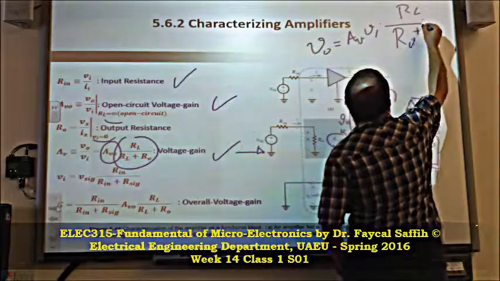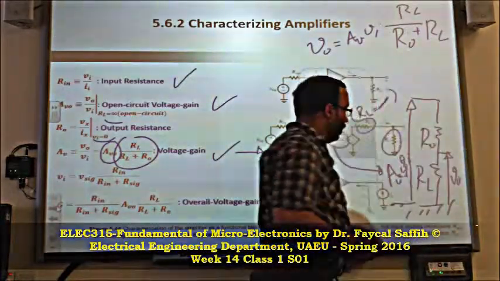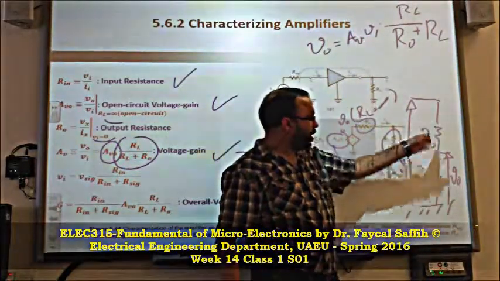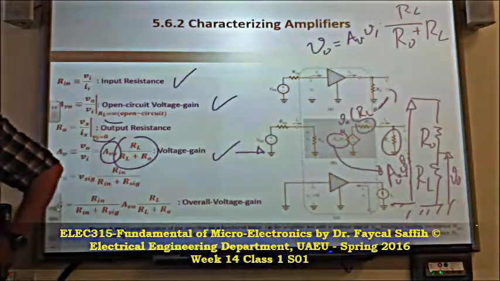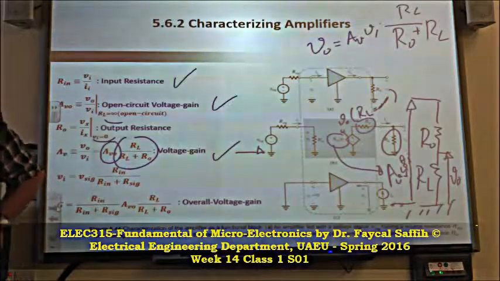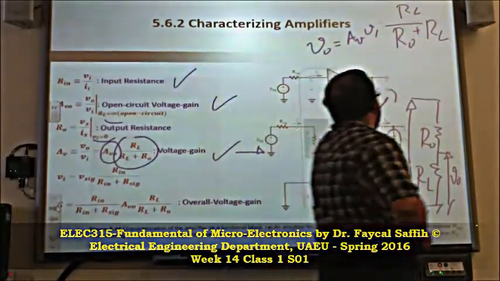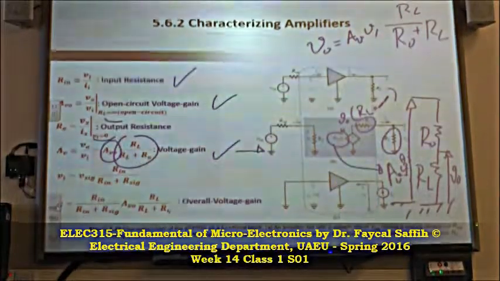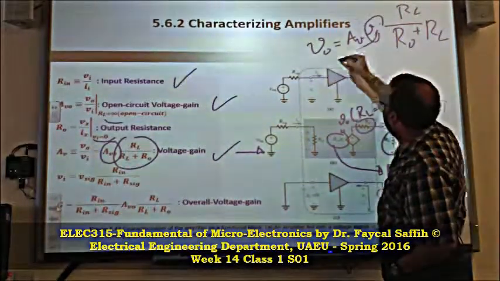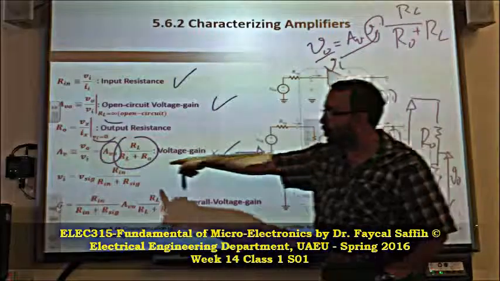Are you following me? This is the voltage divider, we know that, it's a prerequisite. You have to know it. Very good. Is that the result? Yes. Then we bring this down here and then boom, look at this.